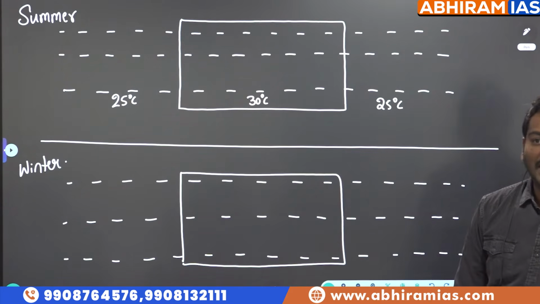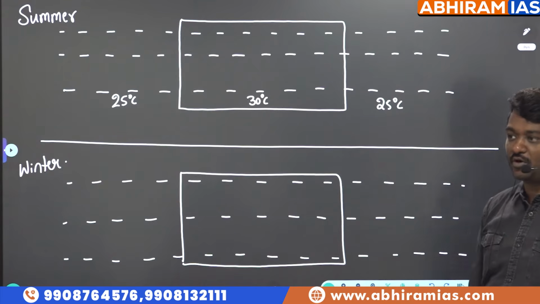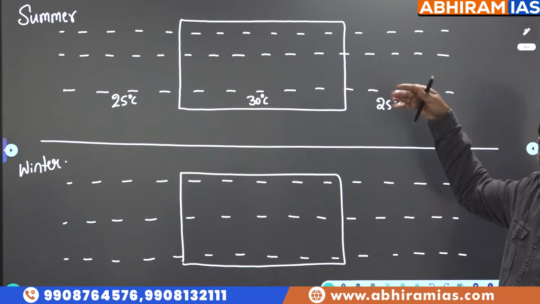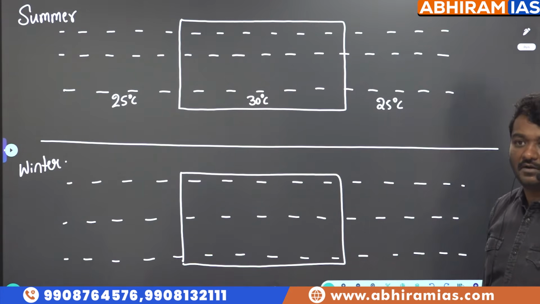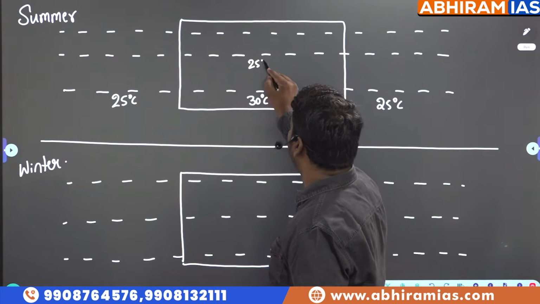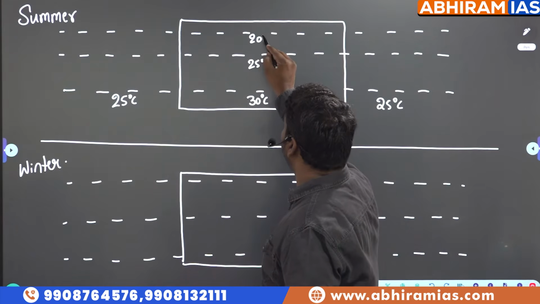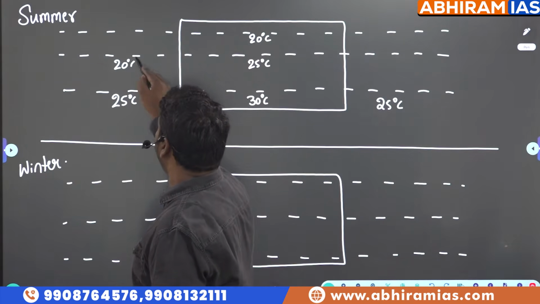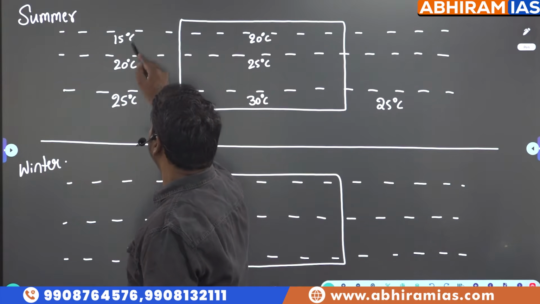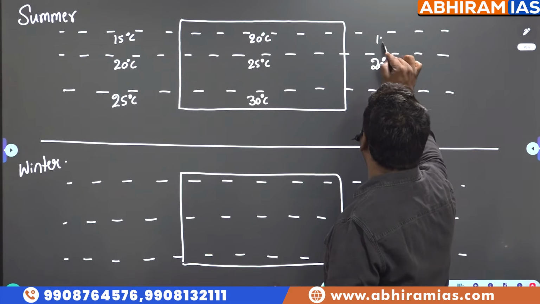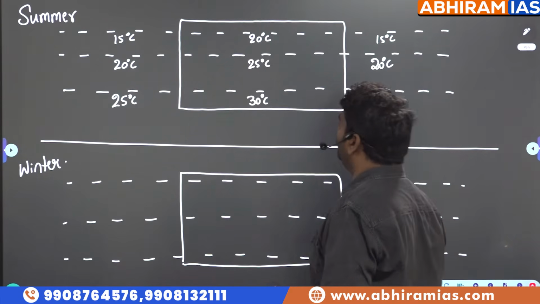Everyone, land is hot compared to the surrounding water body. As we go from equator to poles, what is going to happen? Temperature decreases. So 30 becomes 25 degrees, 25 becomes 20 degrees. Here 25 becomes 20 degrees and 15 degrees Celsius. Now, please see.